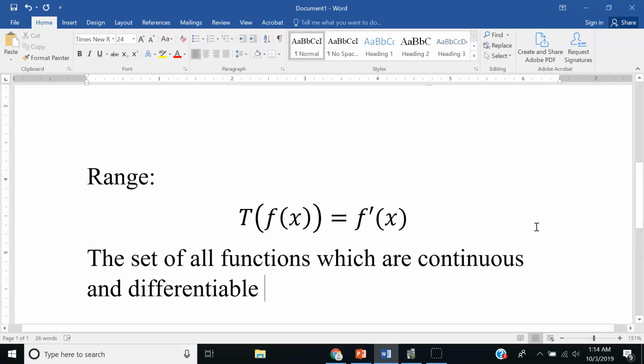Okay, so it's all the set. We wanted to have continuous differentiable derivatives in our original set, so that's it. Okay, so it's a set of all, think continuous nice functions. So hopefully that all makes sense.